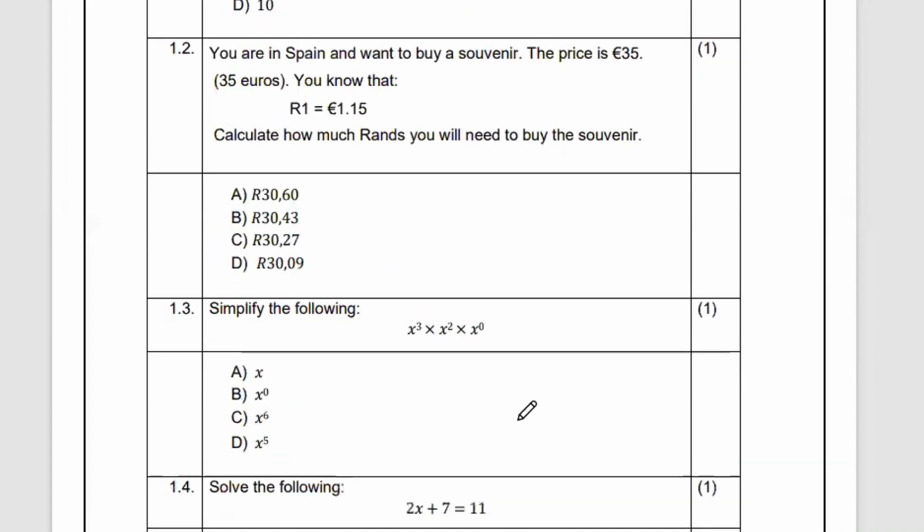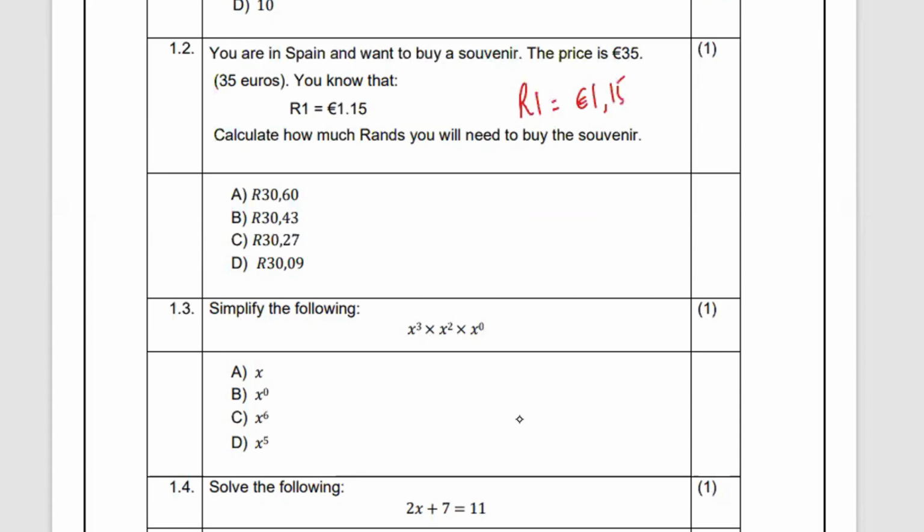Then 1.2, you are in Spain and you want to buy a souvenir. The price is 35 euros, and the exchange rate is that 1 rand is equivalent to 1.15 euros. How many rands do you need to buy the souvenir? This is an example of proportions.